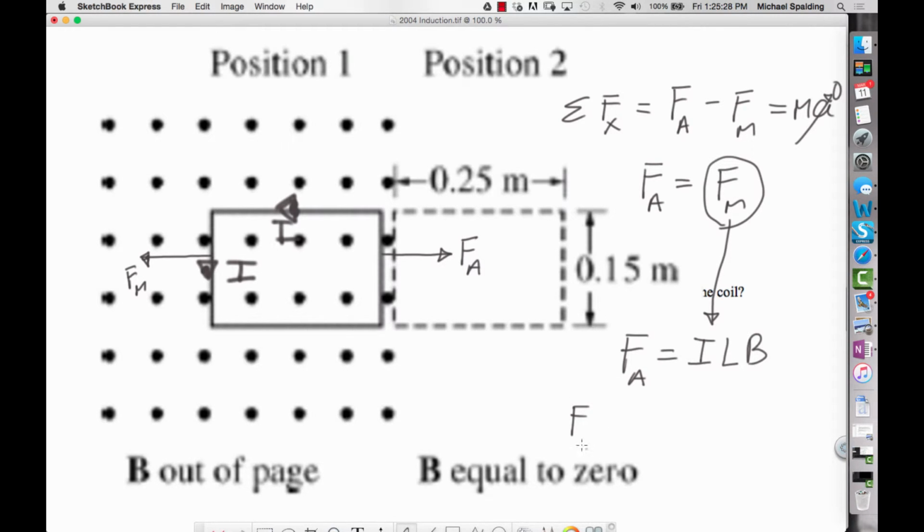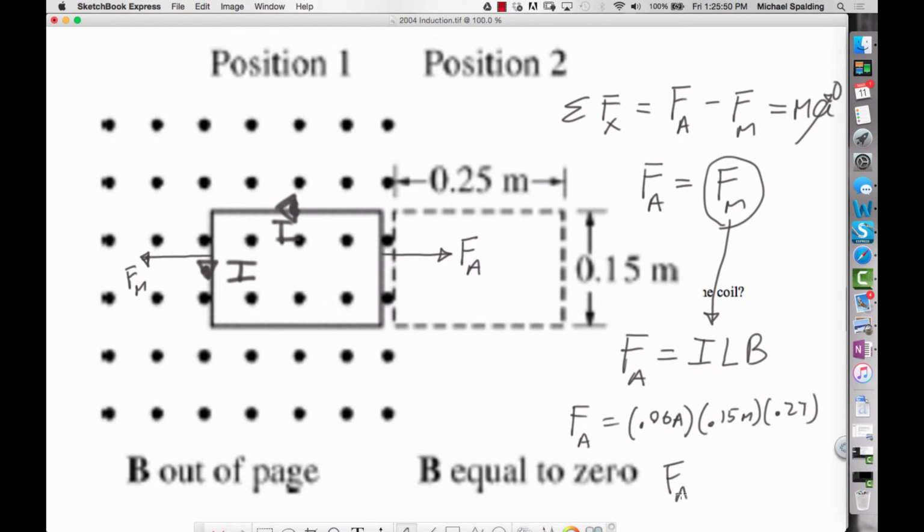Yeah. So force applied, we're going to take the current, which we found out to be what was the current? 0.06. The length, now we want this dimension here. That dimension there, which is going to be 0.15 meters. And then the magnetic field is 0.2.